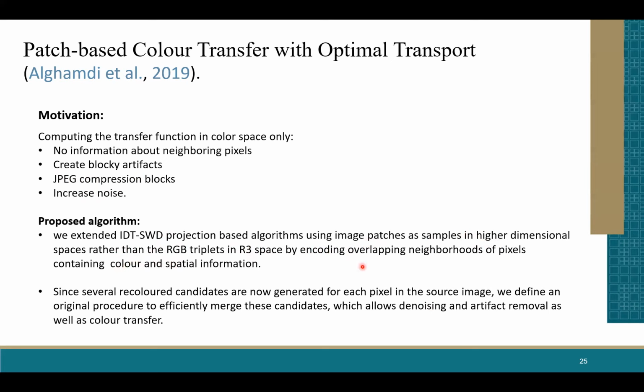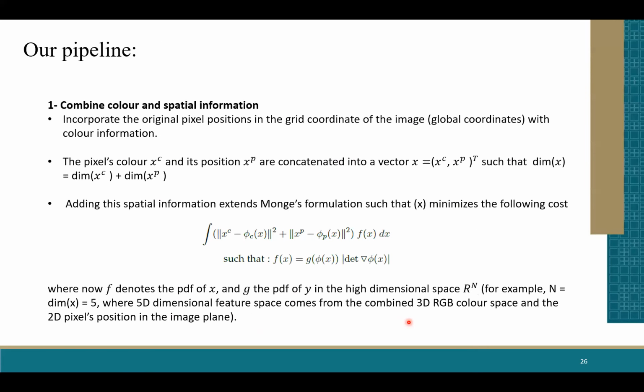We do this by encoding overlapping neighborhoods of pixels containing color and spatial information. Since several recolored candidates are generated for each pixel because of the overlapping step, we define original procedures that merge these candidates, and this procedure allows denoising and artifact removal, as well as color transfer.